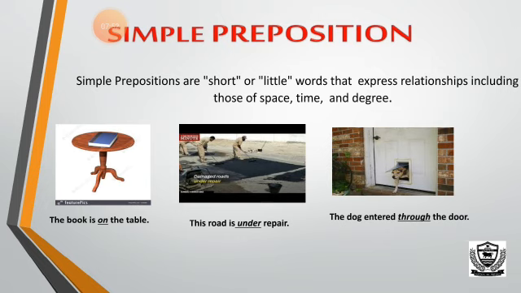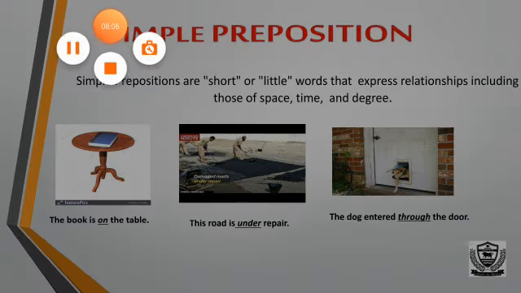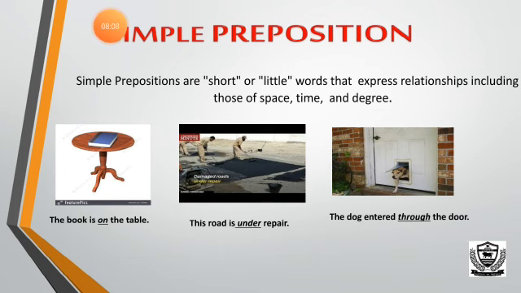If I further elaborate it, dear students, sometimes prepositions are formed by two or more words, but with the simple preposition, we have to understand that simple means etymologically simple, rather than one word.